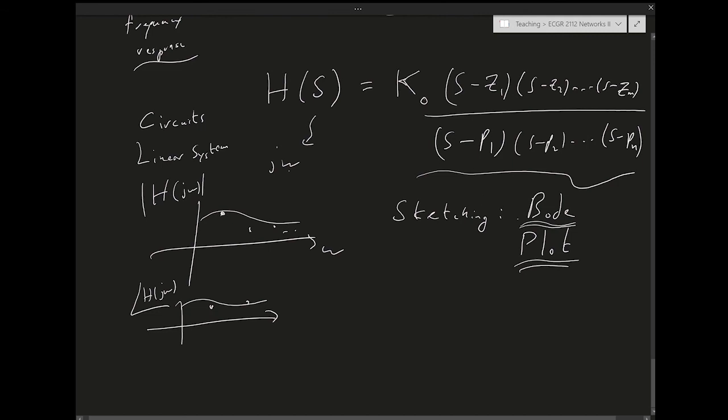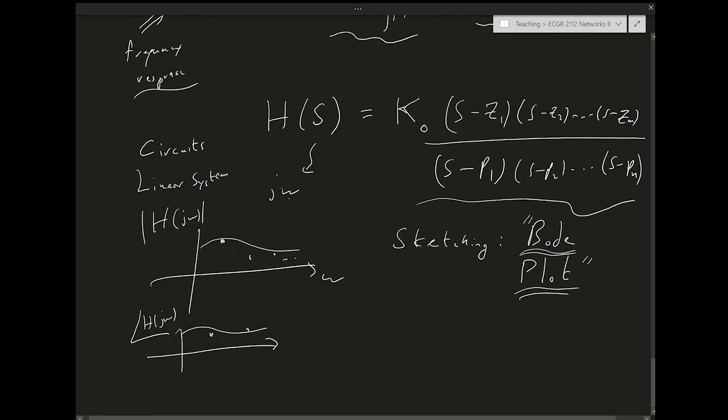How can we figure out how to sketch the frequency response easily from the transfer function? The key thing we have to understand here is that we want to simplify the problem, meaning we don't want to think about how to plot this complex transfer function all at once.